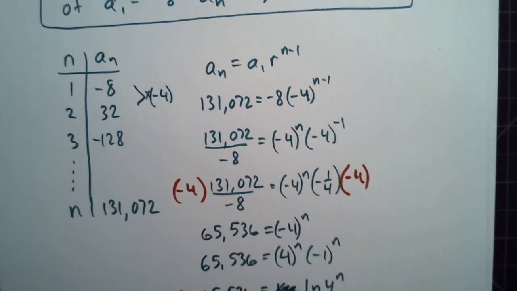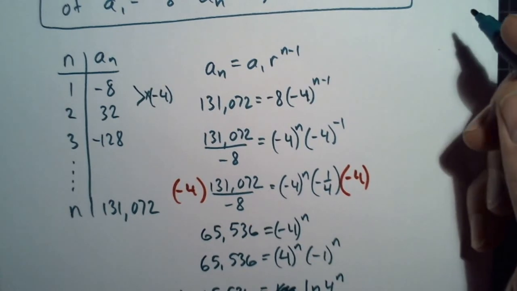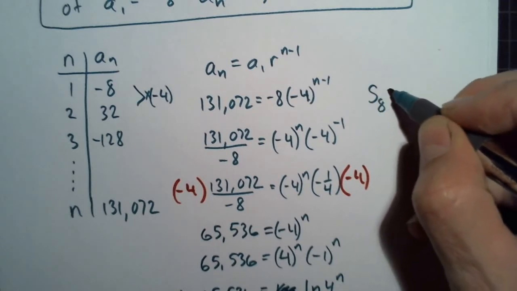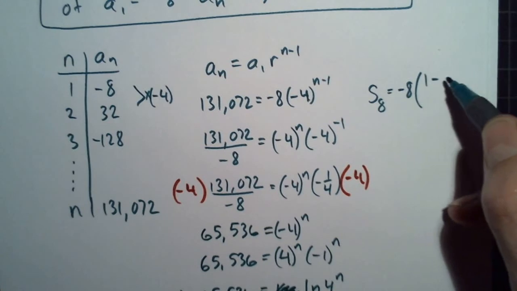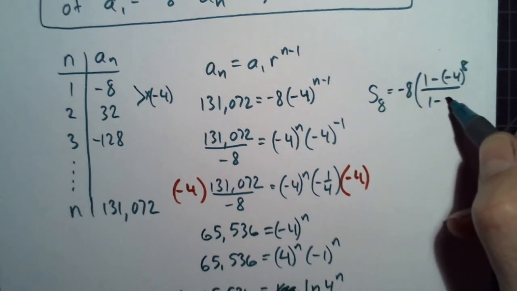So we want to find the sum of 8 terms. The first term times 1 minus r to the 8th over 1 minus r.